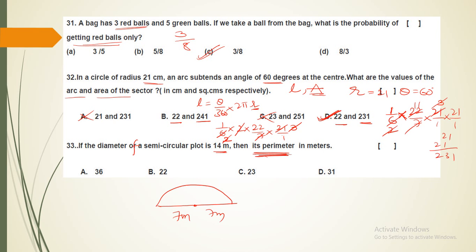So the perimeter of a semicircle is nothing but pi r plus 2r. What is the formula? Pi r plus 2r. So pi r means 22 by 7 into, what is the radius here? The radius is 7, plus 2r is already the diameter which is given as 14. So this 7 gets cancelled. 22 plus 14 is 36. So the answer is 36.